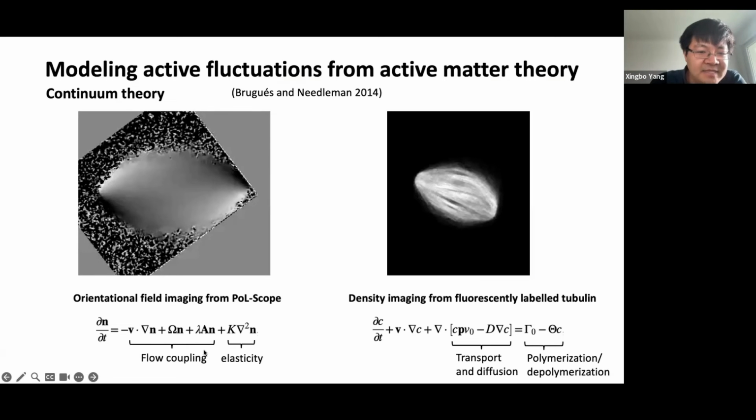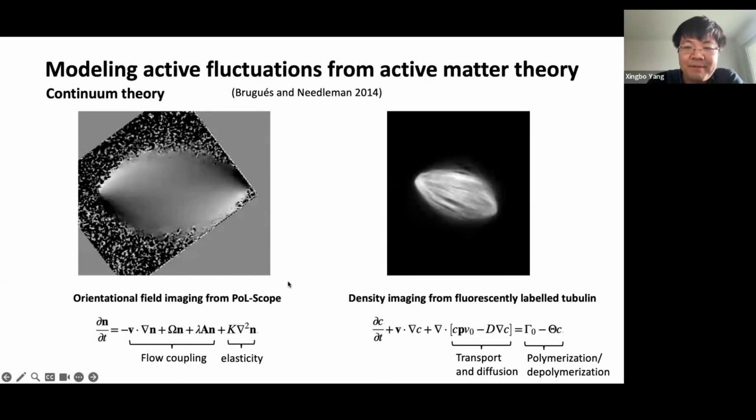Because this is an active system, there are also flows inside of them, coupled to the polarity field. And for the density field, which is similar to what I showed you before, there are convection terms, logistic terms because of polymerization and depolymerization, and also transport and diffusion. Okay, so these continuum equations describe active matter, now applied to the spindle.